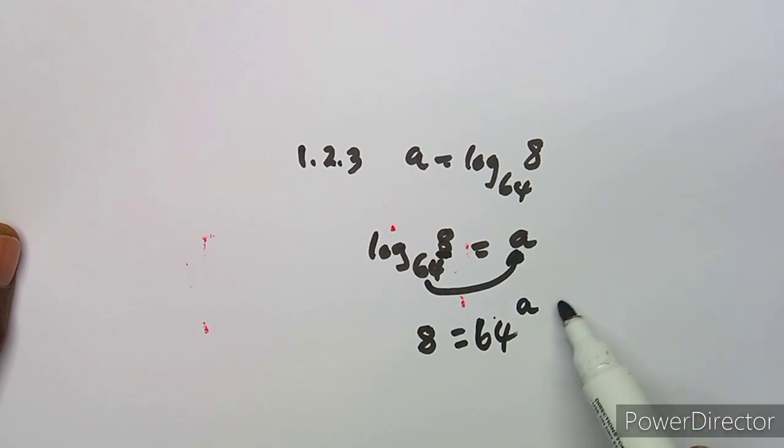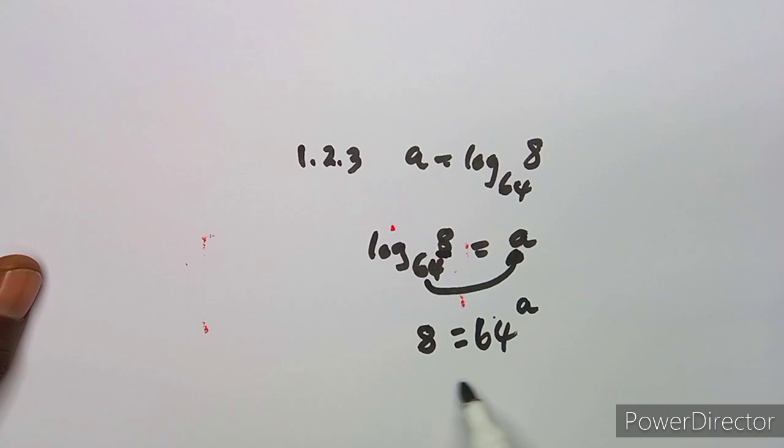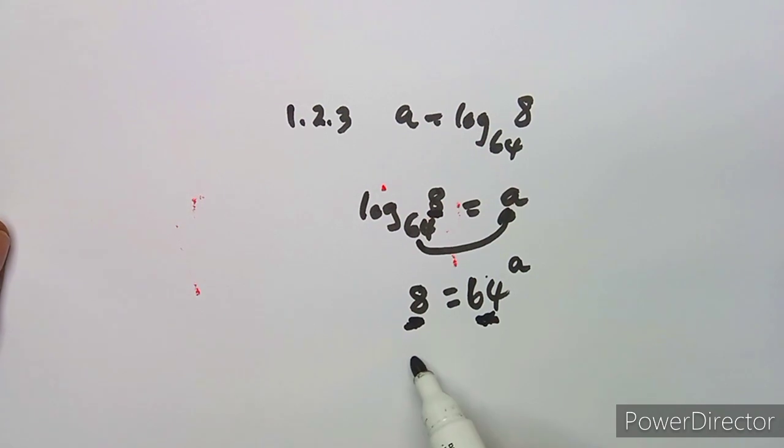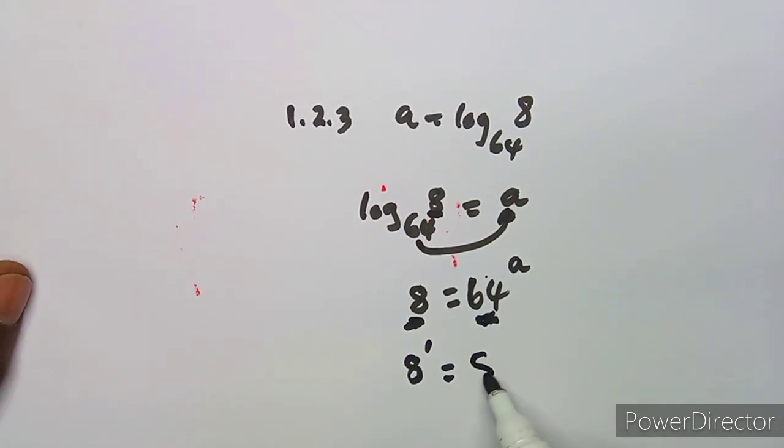Converting from log form to exponential form is going to be easier for us to solve for A, because as long as we are in exponential form, what we need is to make sure that these bases are the same. So 8 to the exponent of 1 is 8, and 64 is 8 to the exponent of 2. But there is an exponent of A, so it's going to be 2A.